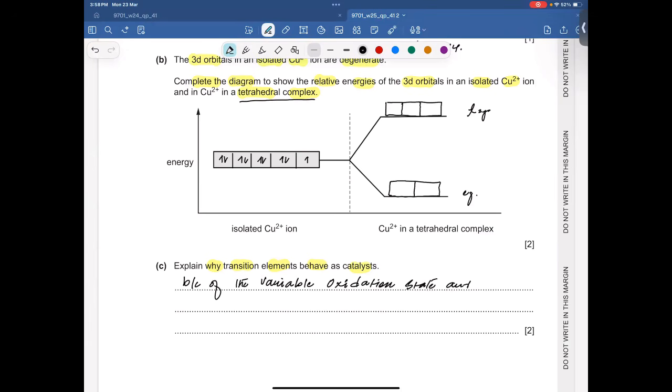And also due to the availability of vacant d orbitals, which will serve as an active site.